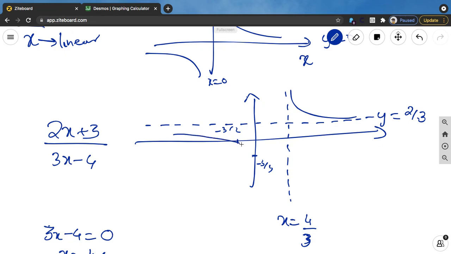So my graph looks like this. It is approaching 2 by 3 or it is approaching 4 by 3. That's how the graph looks. So what kind of functions are these? Rational functions. You have to know how to graph rational functions with or without the calculator.